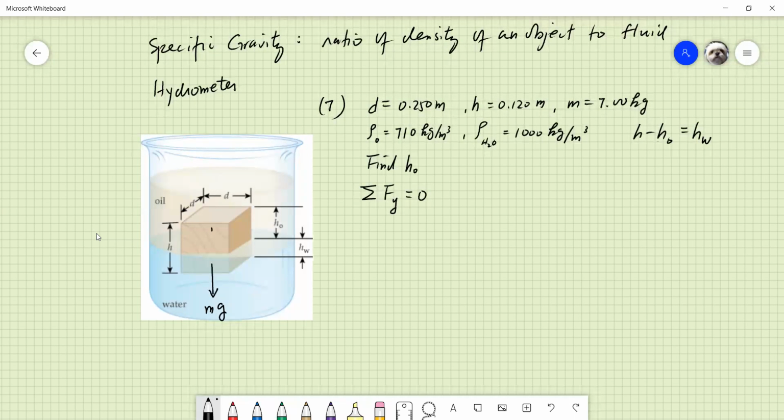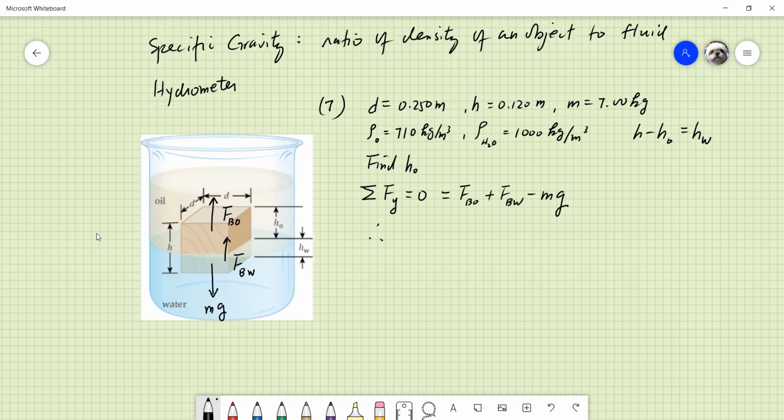So I would say FBO, and then I have another one, FBW or FB H2O. Now they should be balanced, so I have FBO plus FBW minus mg equals 0.